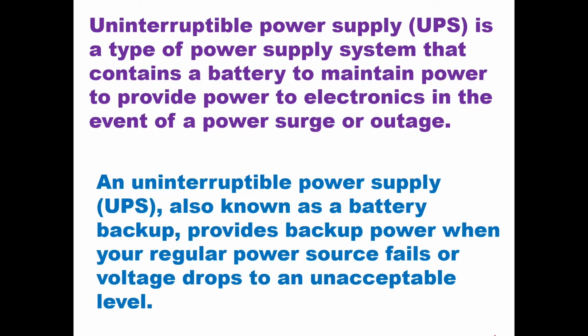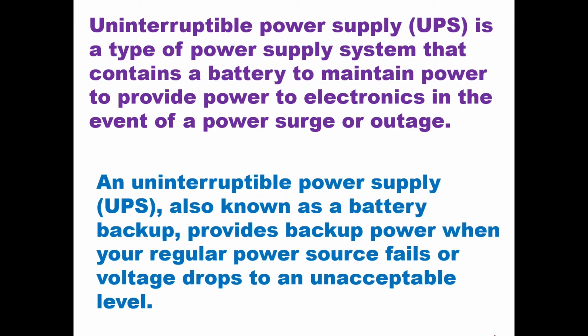Okay. So if you define UPS, UPS means uninterruptible power supply. It is a type of power supply system that contains a battery to provide power to electronic circuits in the event of a power surge, outage or power failure.